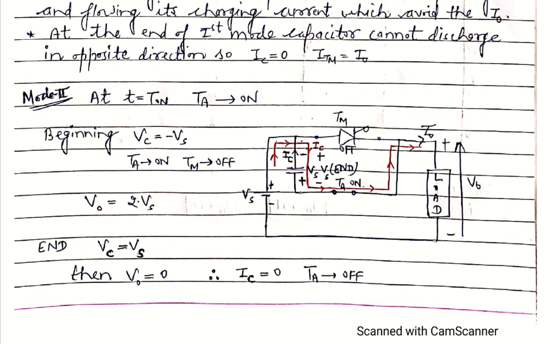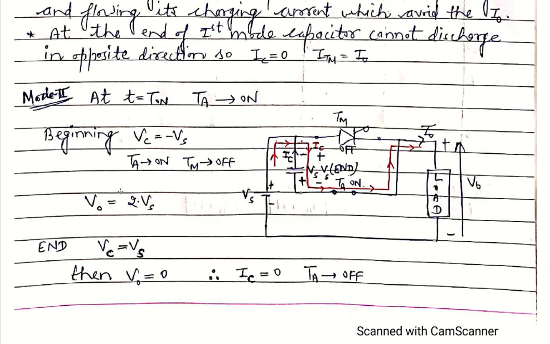In this mode Ta will be on and Tm will be off. What is the direction of this charging current? It flows in the opposite direction to the reference polarity, and its value equals I naught, flowing through the load side.